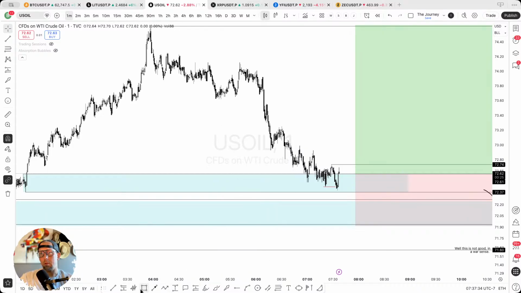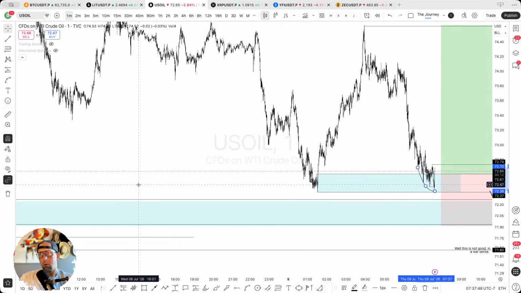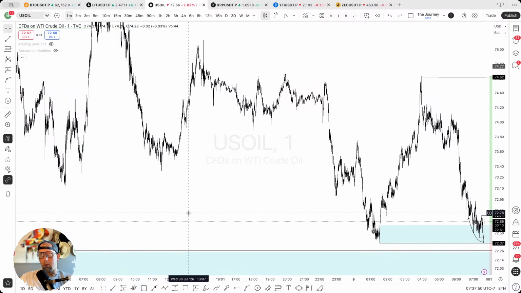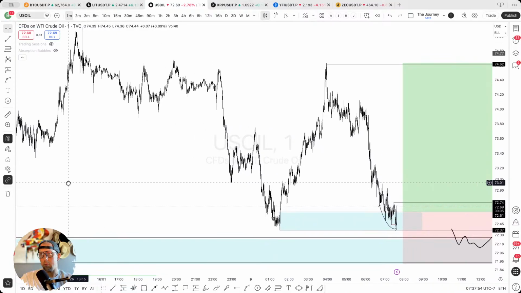It is definitely starting to curve into a low here. I saw it do that yesterday, but it's actually not as good of a curve as I was thinking.